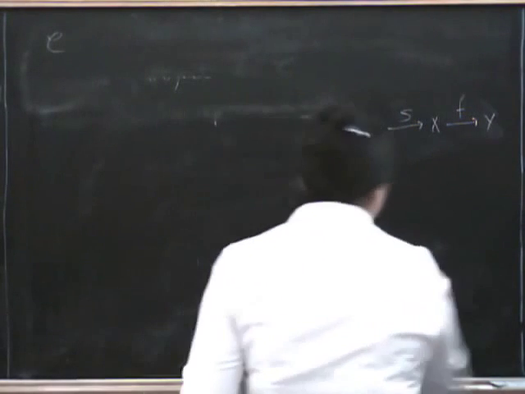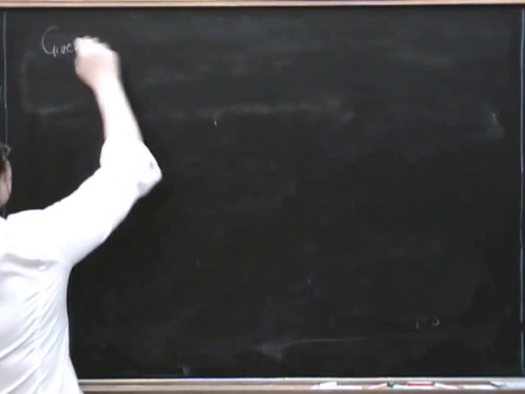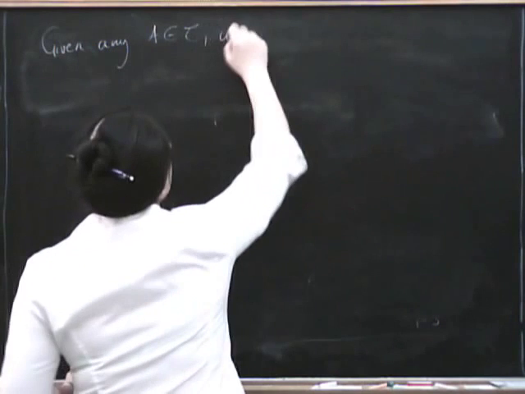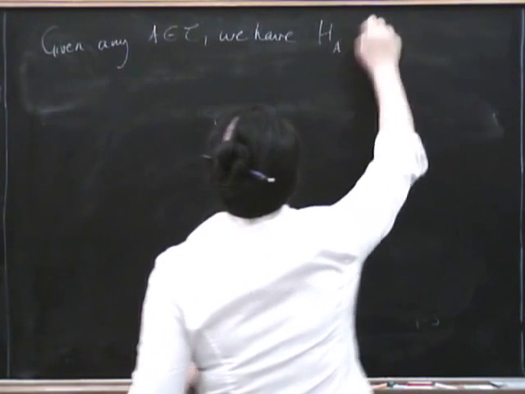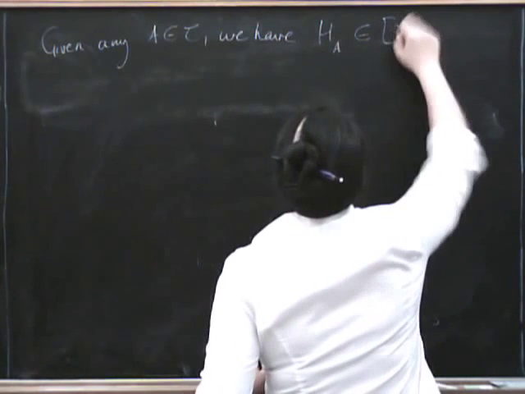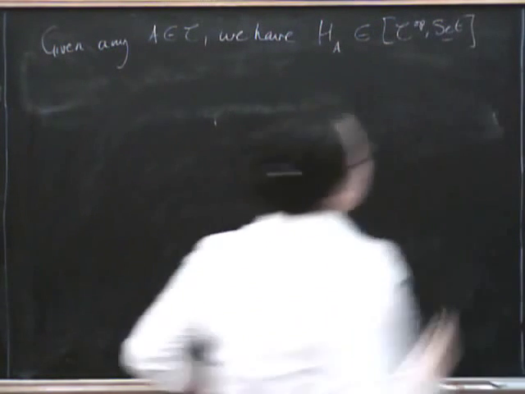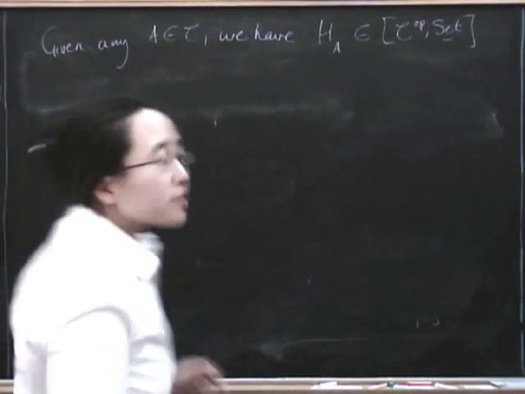So let's just recap what I just said. Given any A in C, we have a functor H sub A, which is in the functor category. So it's a presheaf on C, it's in the functor category, functors from C up to Set.